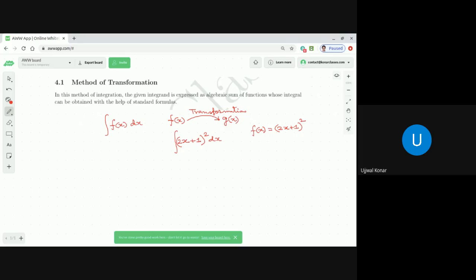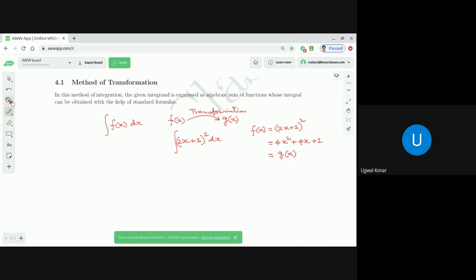Let's see. If we make an algebraic simplification, an expansion here, what we get is 4x square plus 4x plus 1, correct or not? Now I say this is my g(x).